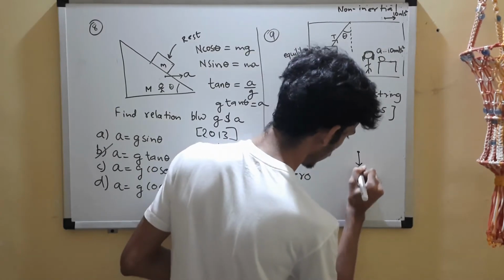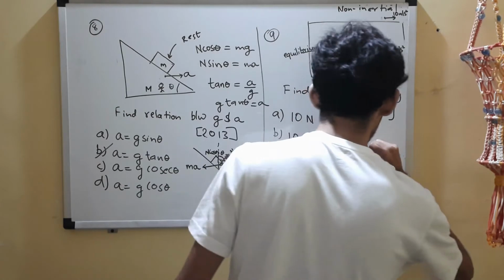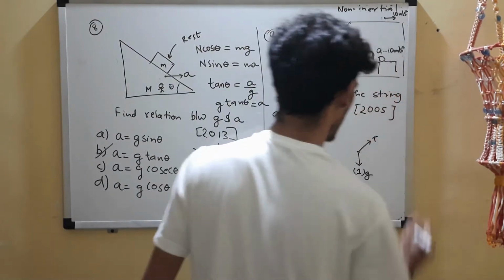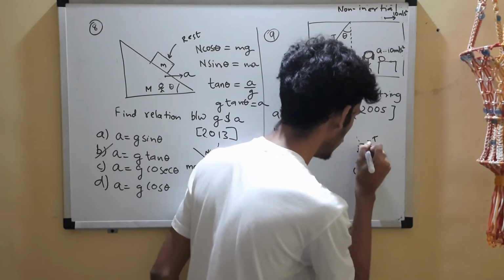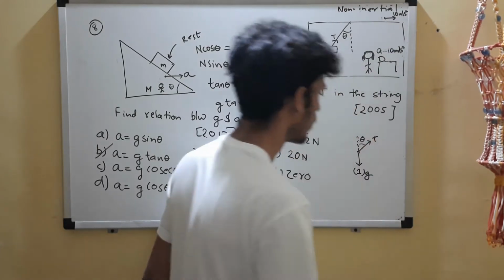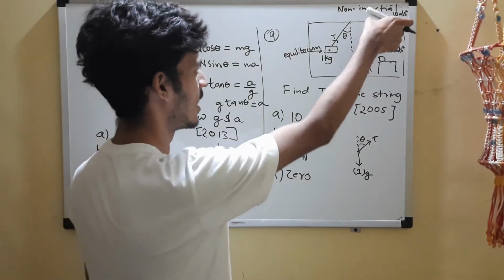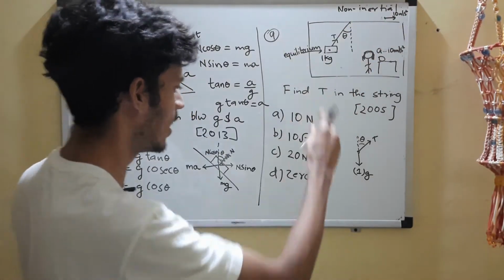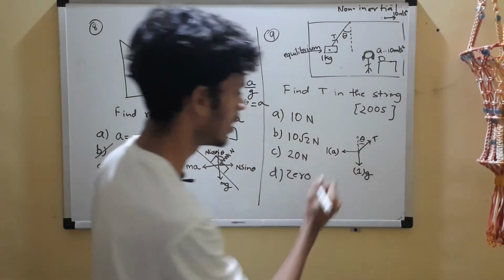So mg or 1g in the downward direction, T. Now this angle with respect to the vertical will be theta. Have I missed something? Yes, pseudo force, right? You just flip that acceleration and give it to this block. So 1 kg into a.